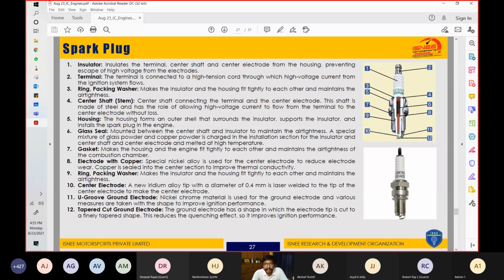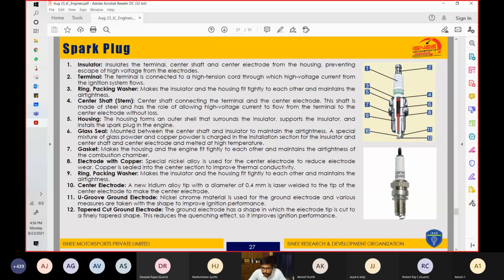Now we'll see what is a spark plug, because it is a very important part that needs to be discussed, the spark plug and the injector basically. The spark plug is an electrical component of the engine that actually ignites the fuel in spark ignition engines.